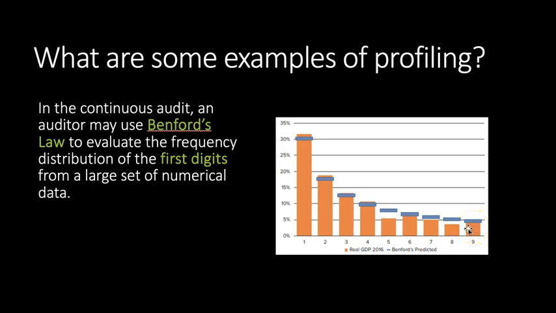Now, if the data is fake, someone tampered with or manipulated the data in a significant way, you will see the first digits of those numbers do not follow Benford's Law. So Benford's Law is a good example of profiling, because just by looking at the first digit, we are trying to figure out whether there is anything wrong with the data set that you are seeing.